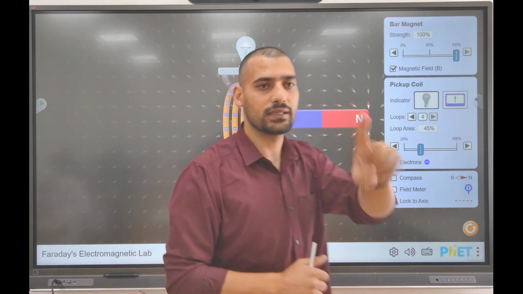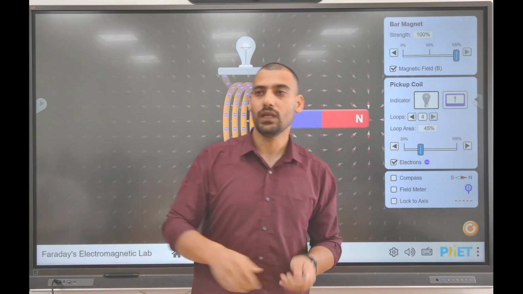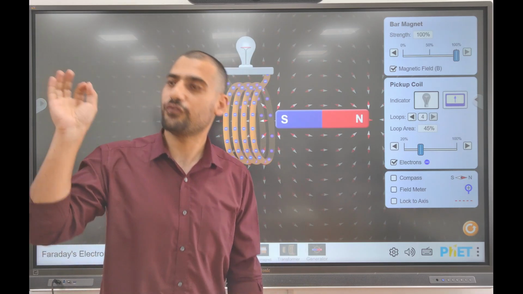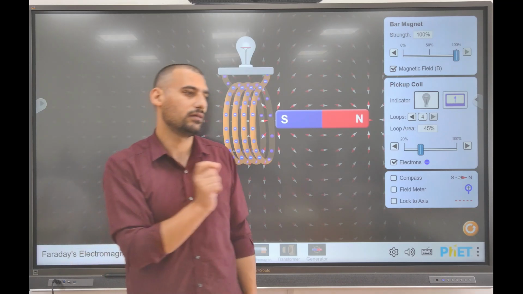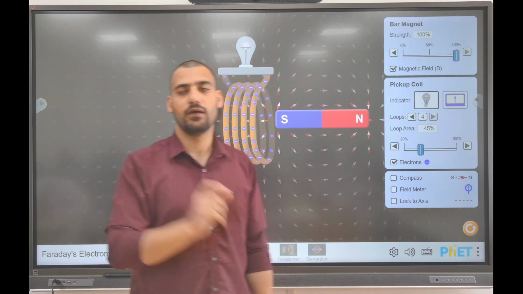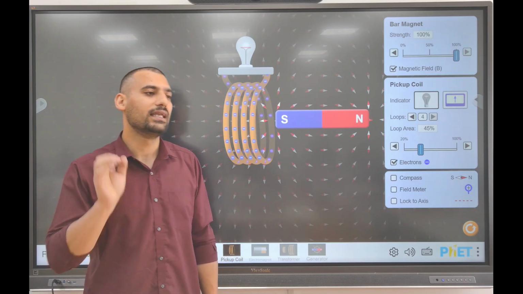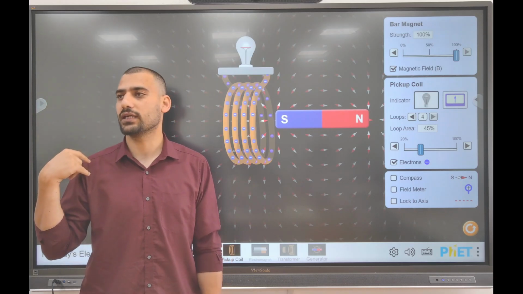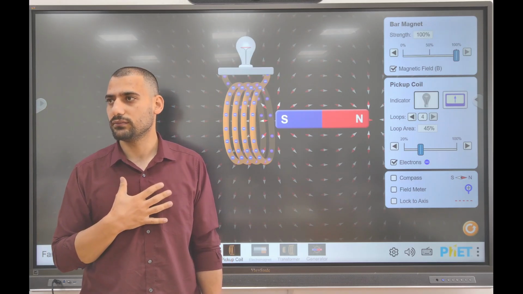Observation you wrote, now write the conclusion. Whenever the flux linked with a coil changes. How does it change? Can you tell me how does it change?